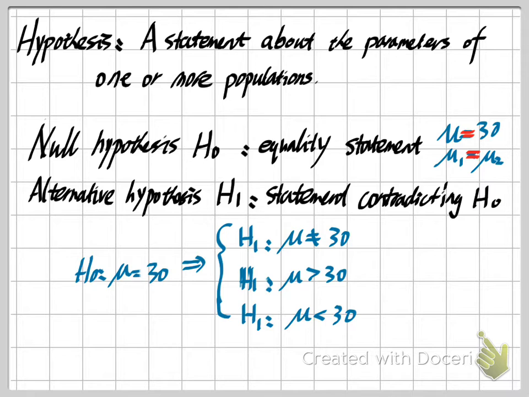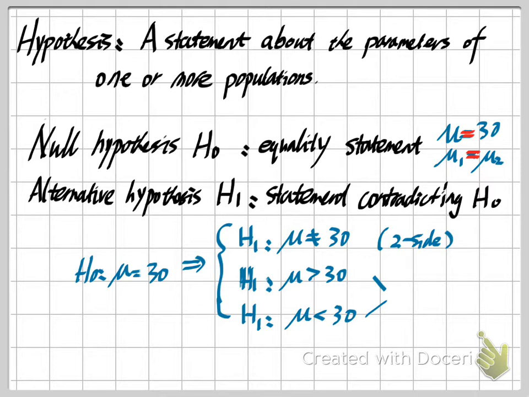All of these are correct. The only difference is that for the first case, H1 is mu not equal to 30, which we call a two-side contradiction.